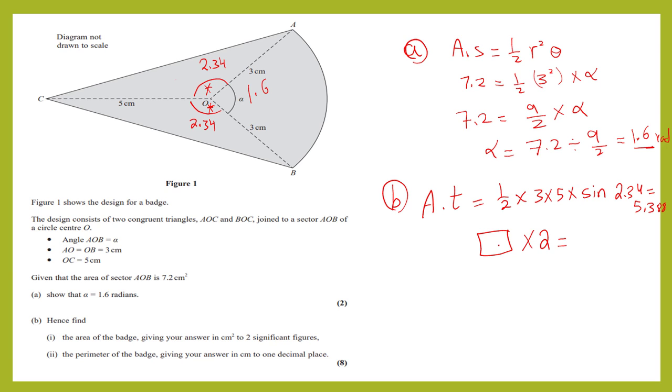Then we multiply by 2, it will be 10.7 approximately. So the area of the two triangles, 10.7, plus the area of the sector, 7.2. So it will be approximately 17.72, which is rounded to 18 centimeters squared. So we got the area of this one.